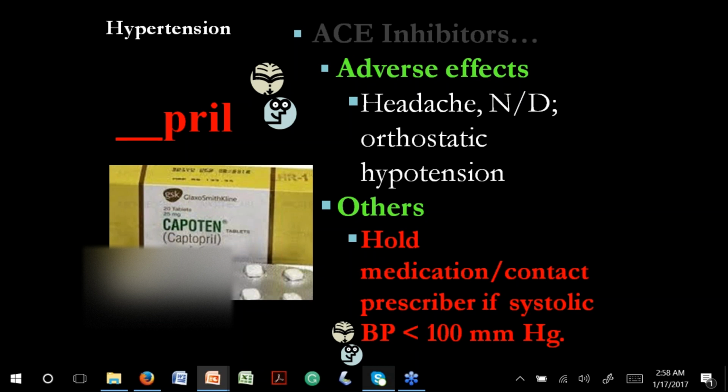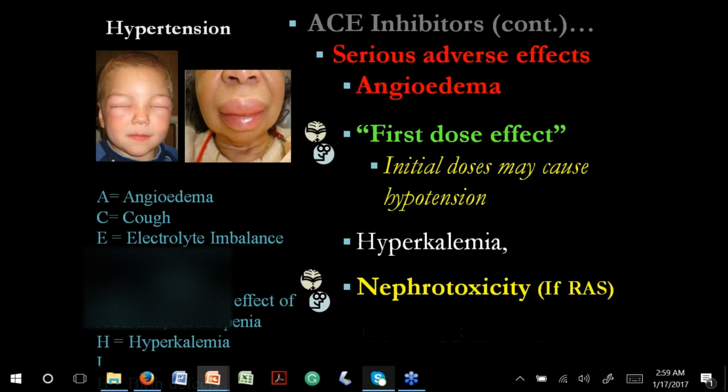We have other recommendations for holding medication, like with propranolol and digoxin, that we are going to see now. At this moment, remember for ACE inhibitors: hold the medication and call the prescriber if systolic pressure is less than 100 millimeters of mercury.